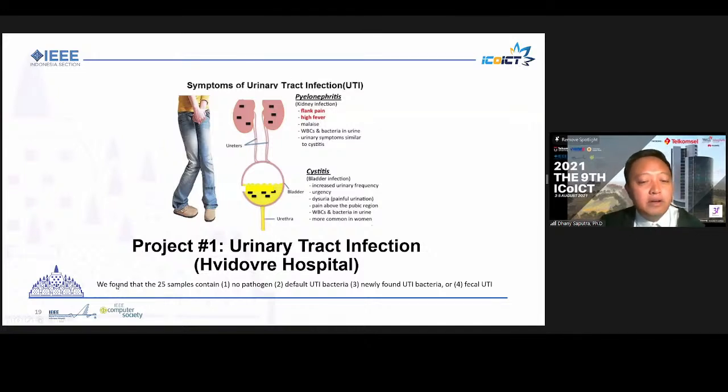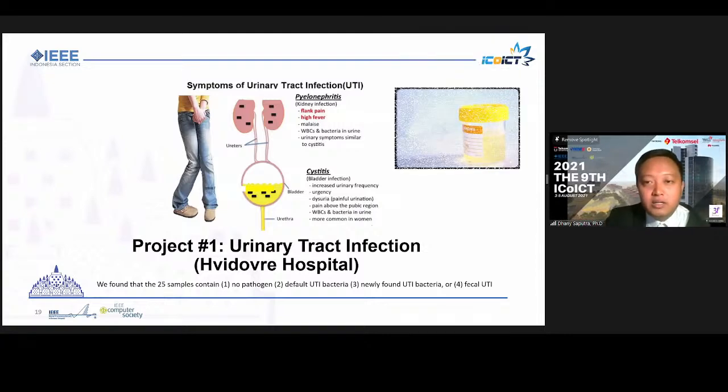So we found that there are 25 samples, and some of them contain no pathogens, maybe healthy. Some contain default urinary tract infection bacteria. The others contain newly found urinary tract infection bacteria or fecal UTI. So we can categorize this, and in that case, we can personalize the antibiotics given to each patient.